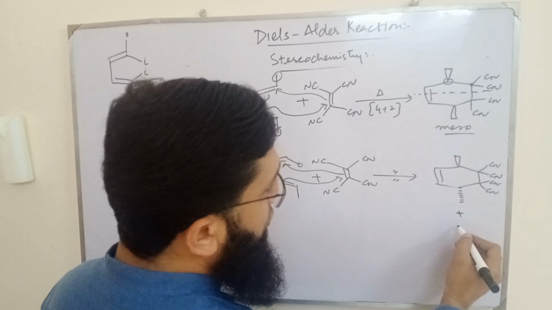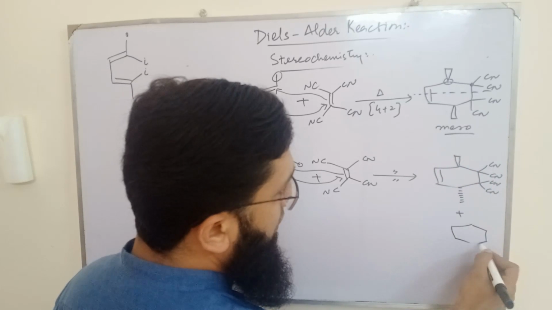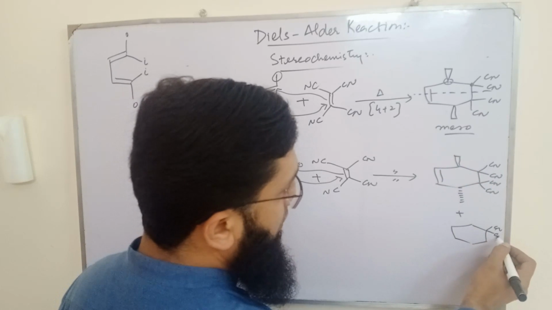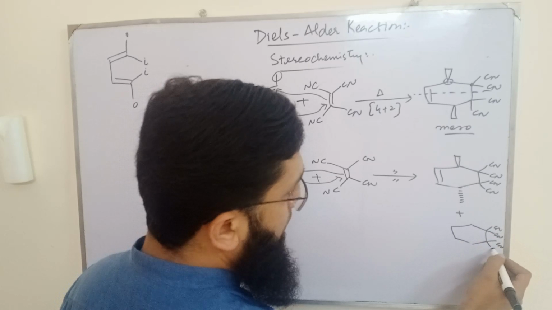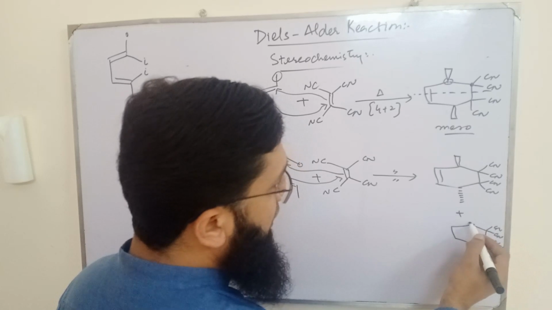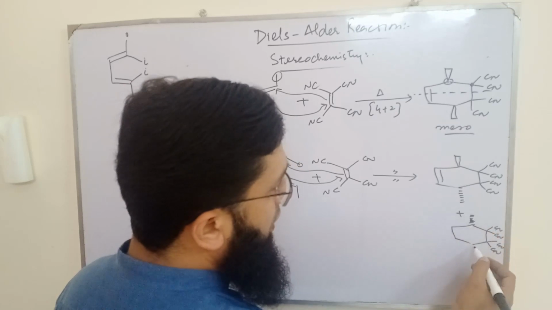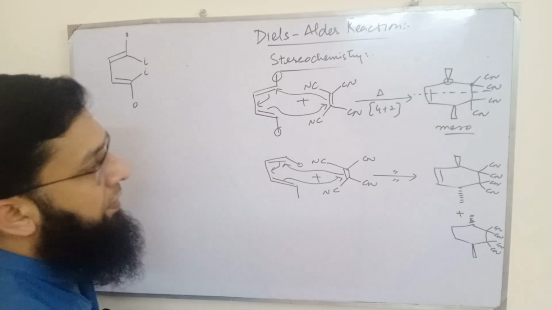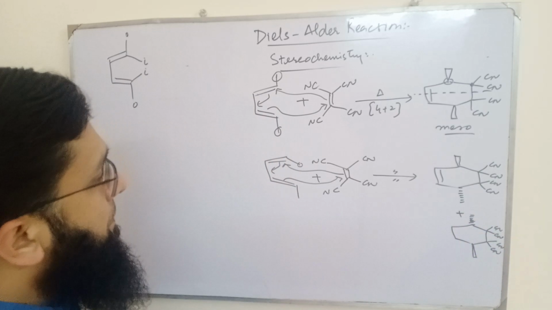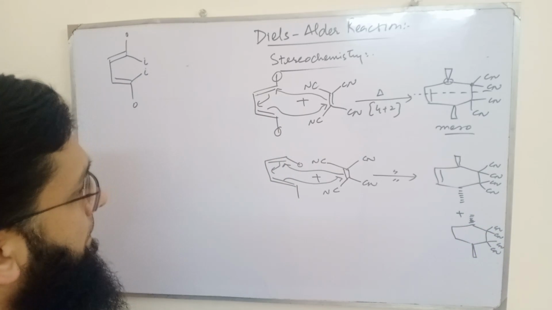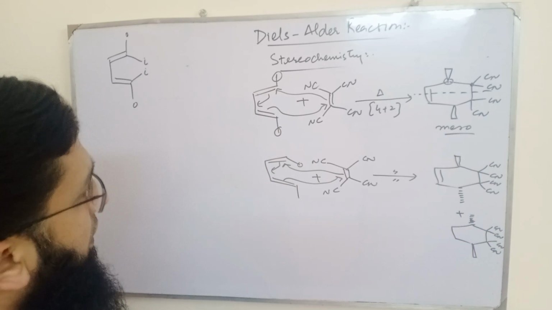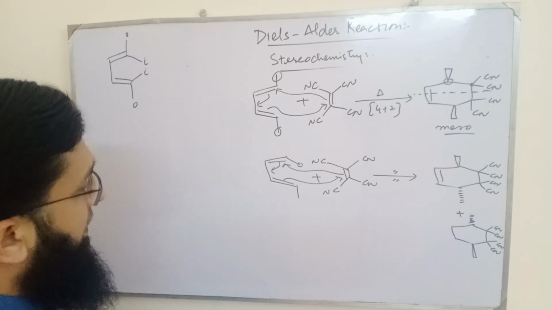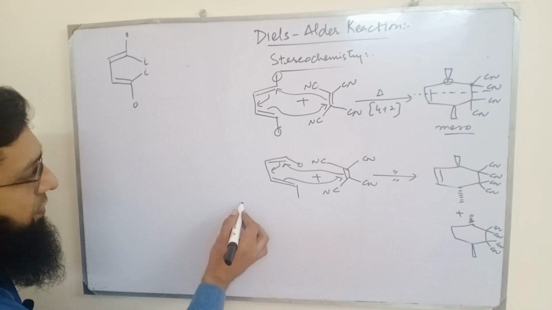And in the other isomer, it would be below the plane and this would be above the plane. One more example related to this topic.